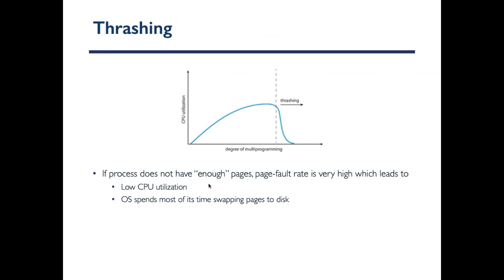Before answering that question, I want to introduce a notion that will help us identify the memory need of each application, and that notion is thrashing. Let's assume that we have one processor in our system.